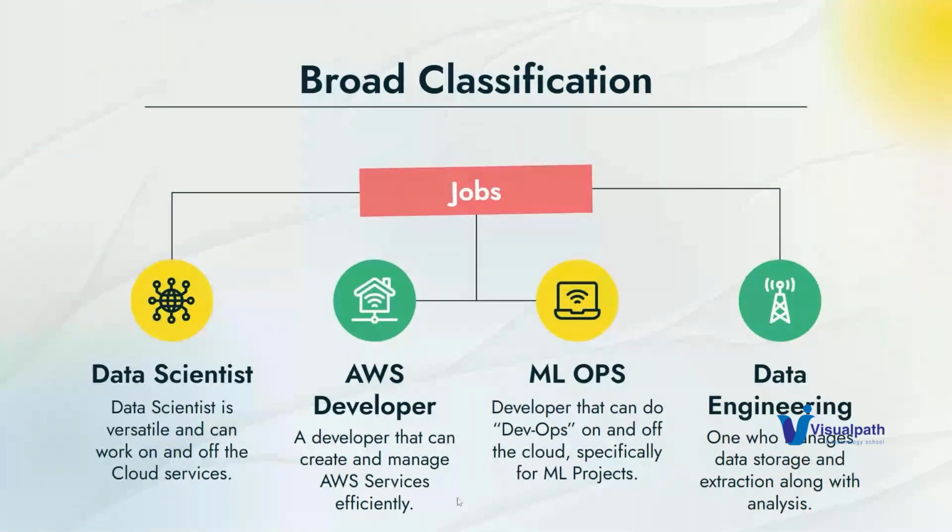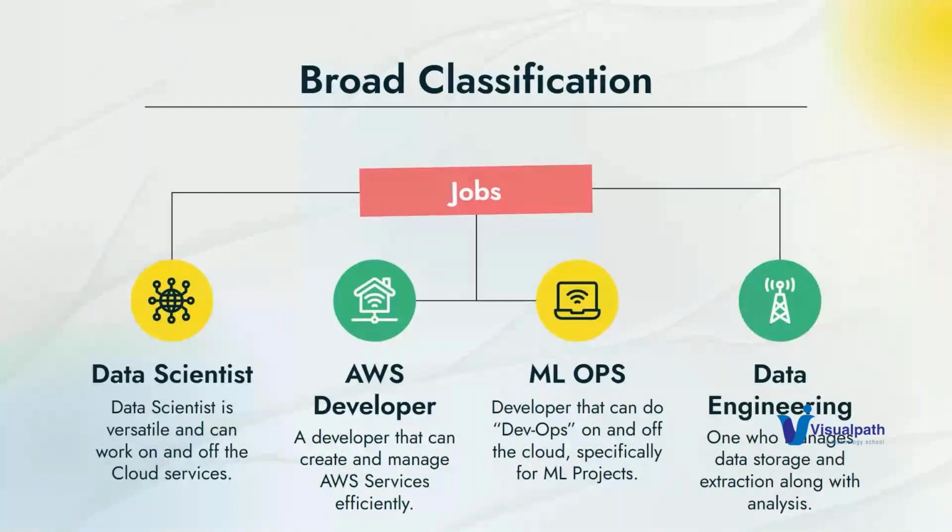There are two different pathways for the infrastructure side. If you want to go purely onto the infrastructure side, one is towards the AWS developer, which is capable of doing a set of DevOps as well, but they only concentrate on AWS services and how to use them effectively.